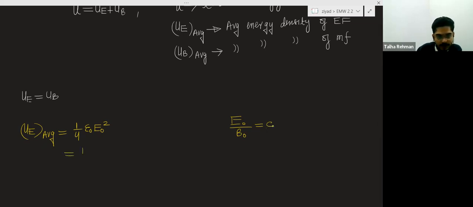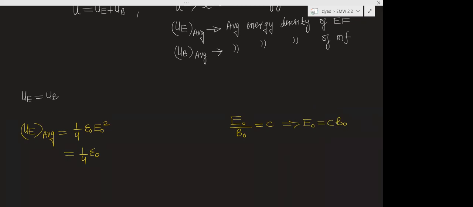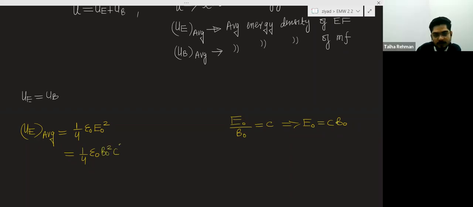Okay, so we can write this as 1 by 4 epsilon naught. Instead of E naught square, I can write: E naught is equal to C times B naught. So instead of E naught square, I can write C square into B naught square.